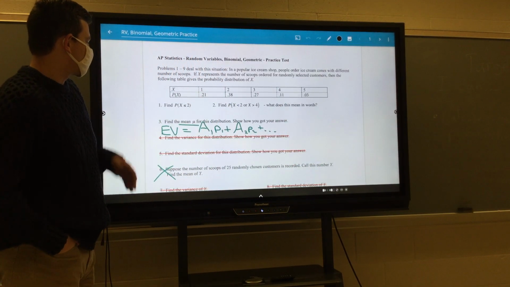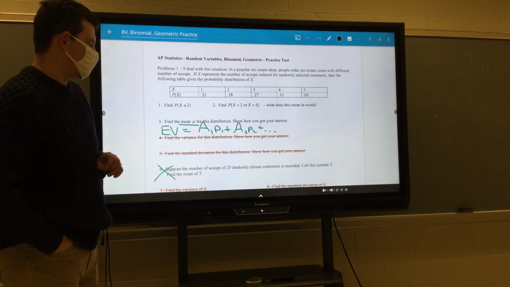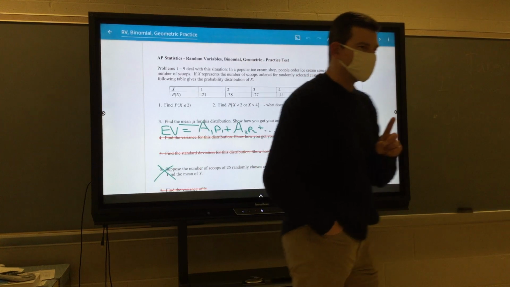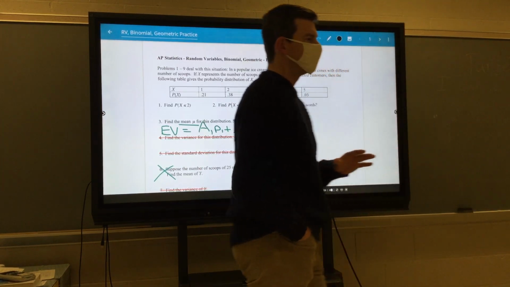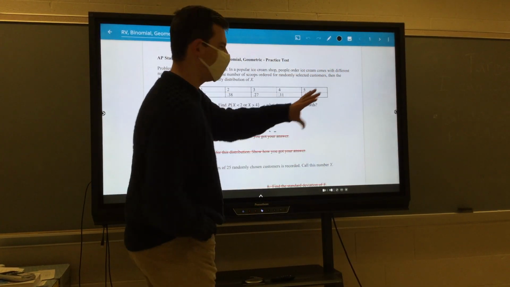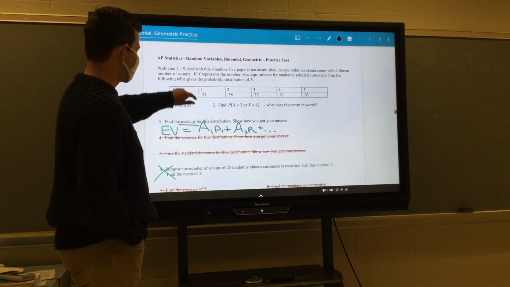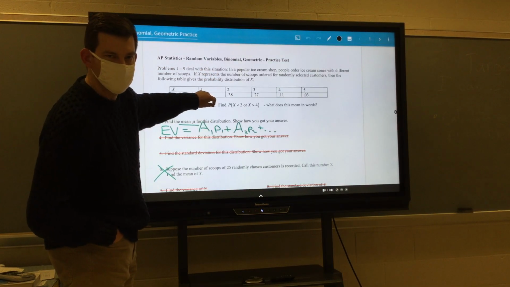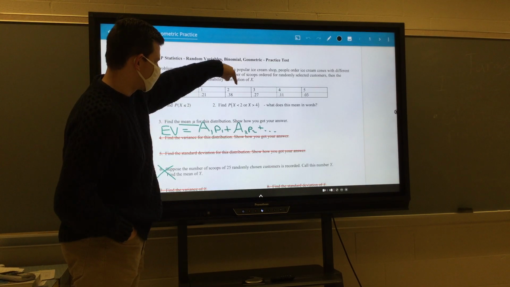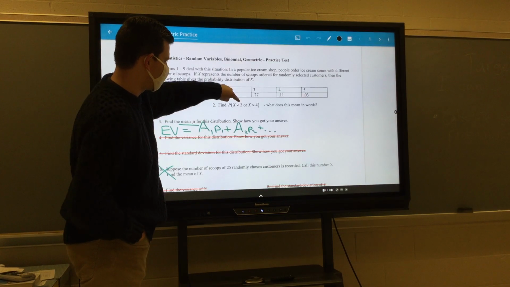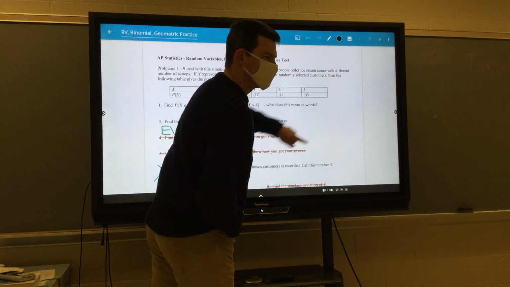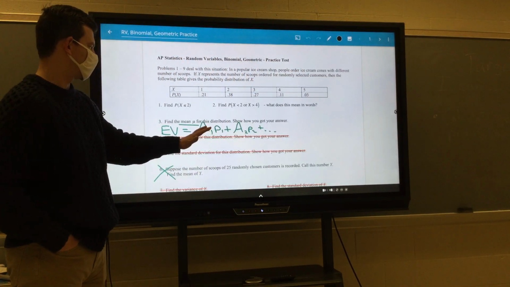Number 3 asked for the mean of this distribution. Well, mean is expected value, and expected value, when you're provided with the entire probability distribution, you're taking the random variable and multiplying it by its probability, adding it to the next random variable, multiplying by its probability, plus this times this, plus this times this, plus this times this, all the way down.